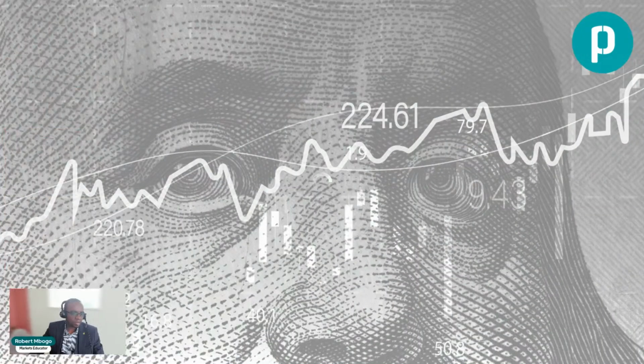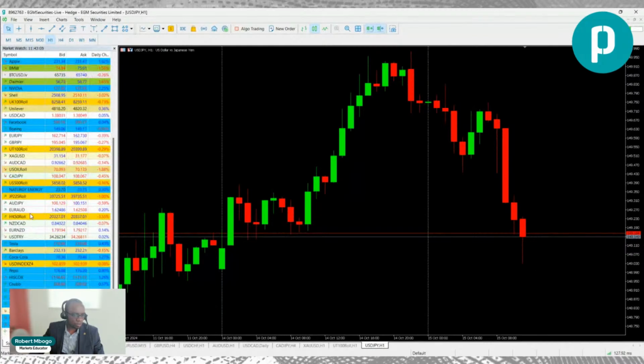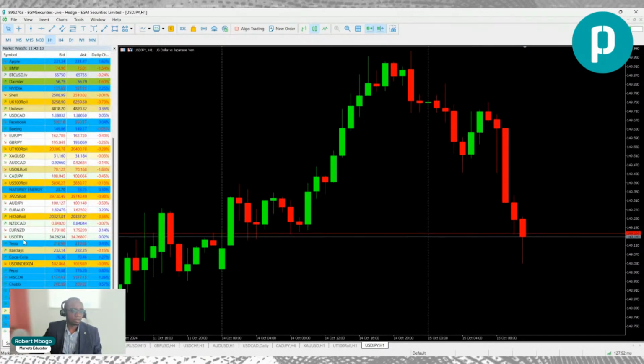Now, if you go to NZD JPY, it should be very bearish according to the currency strength meter. So this is a tool that you can also adopt. NZD JPY. I really don't have it, do I? Okay, so let's add it.